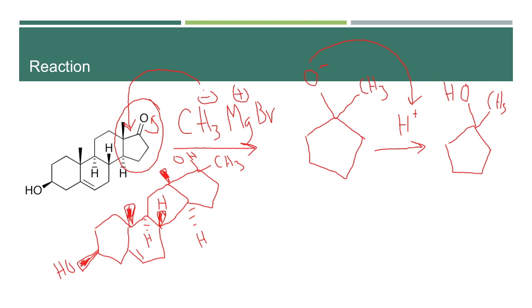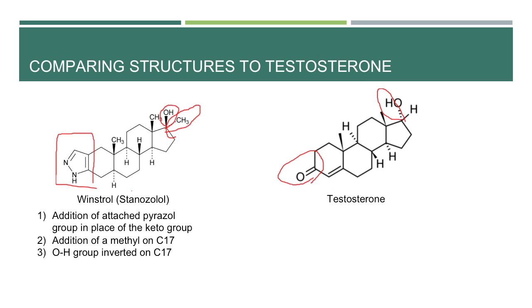I'm not writing stereochemistry on those because when you change from the planar geometry of the carbonyl to the methyl group as well as the hydroxy group, you're going to get a racemic mix.